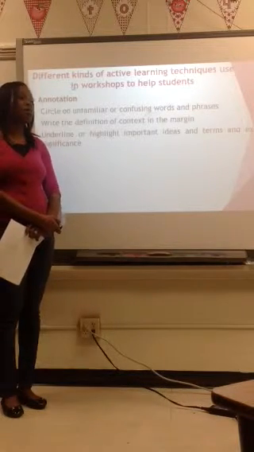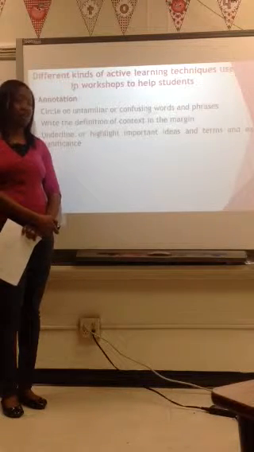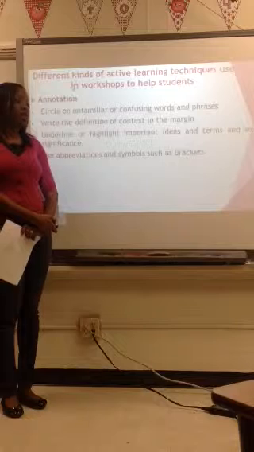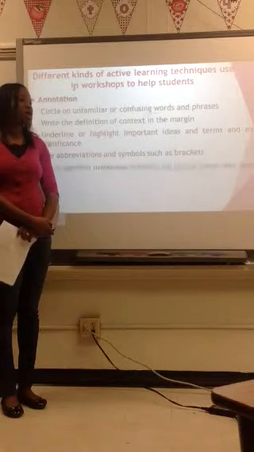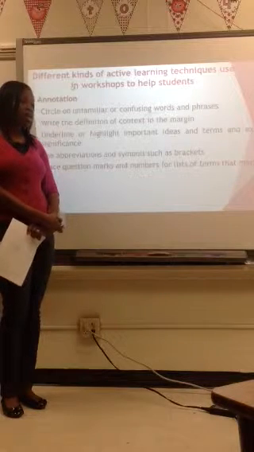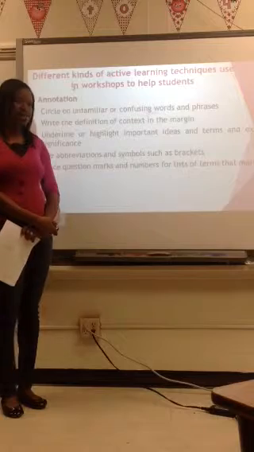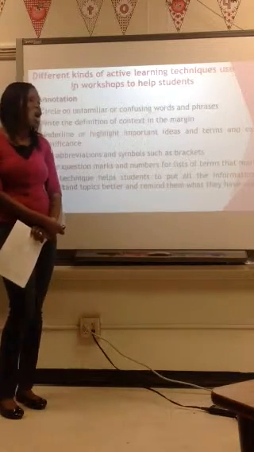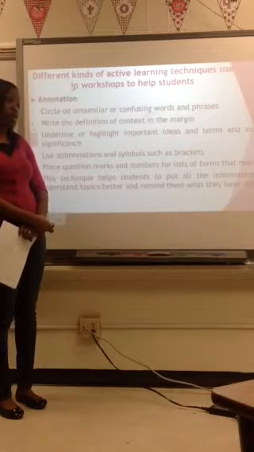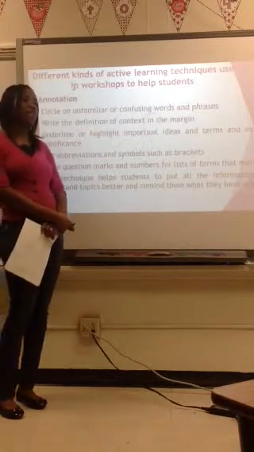Underline or highlight important ideas or terms and explain their significance. We put abbreviations and symbols such as brackets. Place question marks and numbers for lists of terms that mark the text. This technique helps students to put all information together, understand topics better, and remind them about what they have read.